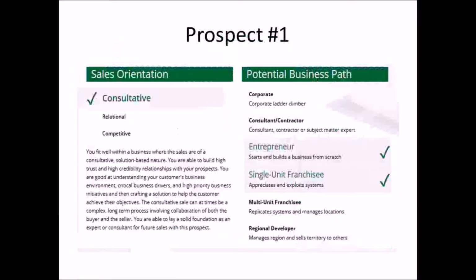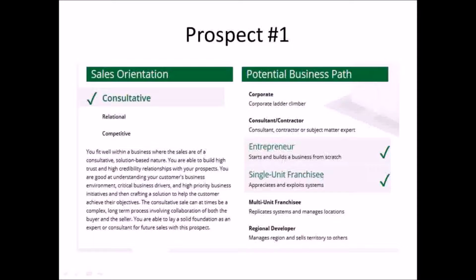Business potential. She needs to be in a business that allows her to have lots of freedom. She is a true entrepreneur. She's not really great at tied down types of systems, but she also has a capability of being a single unit franchisee.